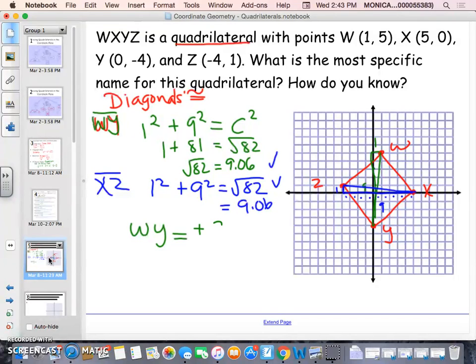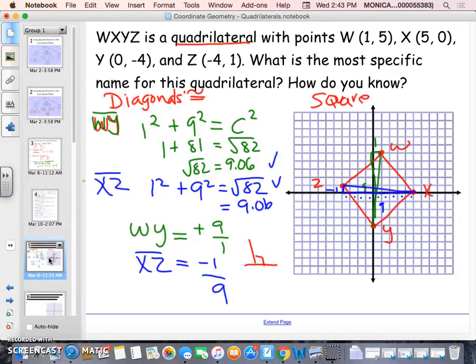So the slope is positive 9 over 1. Now I'm going to look at the slope from X to Z. And I notice I went down 1 over 9. And so since these are opposite reciprocal slopes, I can say these lines are perpendicular. And so how do I know this is a square?